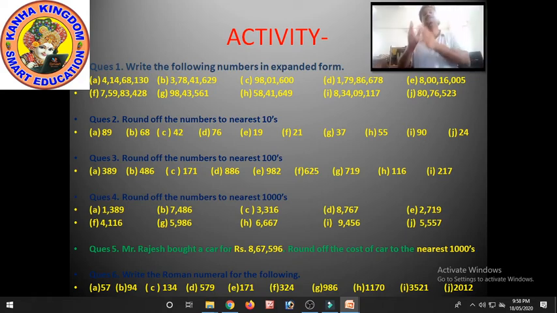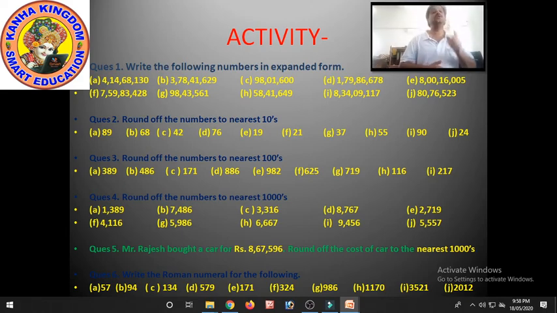The ones digit is converted into 0 and we add 1 to the tens digit. In which number? Yes, 8. So 8 plus 1 is 9. 9 and 0, 90. Like this you solve the second question.